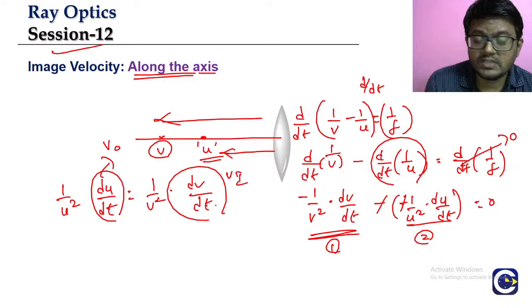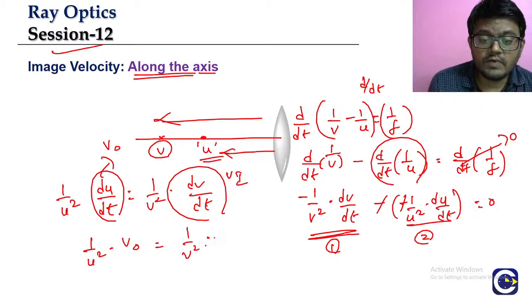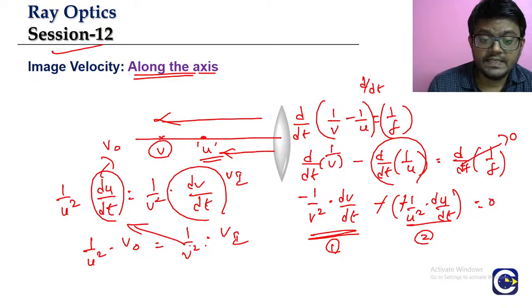This is the velocity of the image. Both are velocities along the axis. Now look at this. We have 1 by U square into velocity of the object is equal to 1 by V square into velocity of the image. We are looking for the velocity of the image, so this V square will come to the numerator. So what do you have?